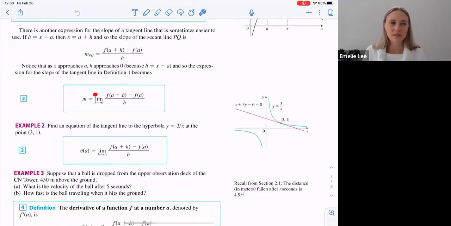So I'll start here at the slope of the tangent line. M, remember, we used to denote the slope, right? So the slope of the tangent line at some point A is going to be the limit as h goes to 0 of f of a plus h minus f of a over h.